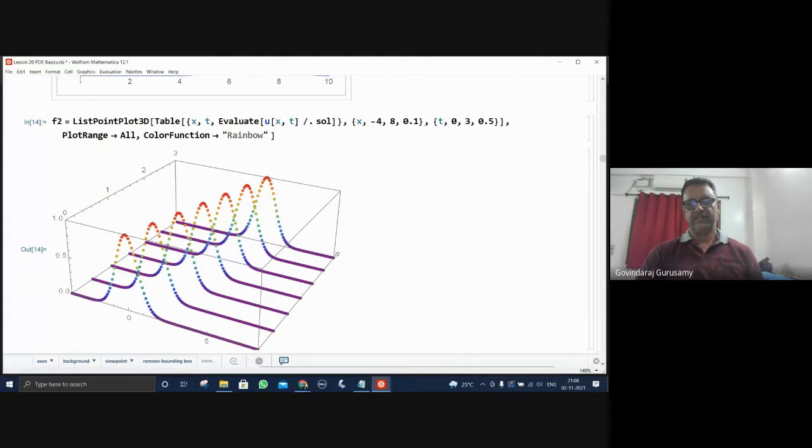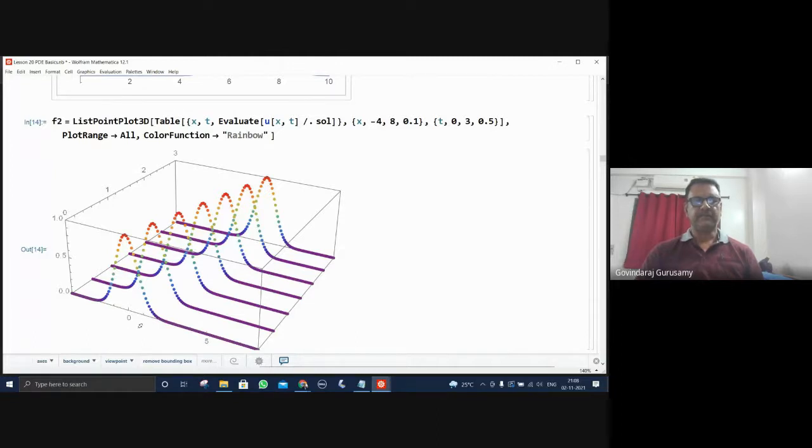This is at the third second. This is 0 second, 0.5, 1, 1.5, 2, 2.5, 3. And this peak position gets shifted uniformly, and every data point correspondingly gets shifted.